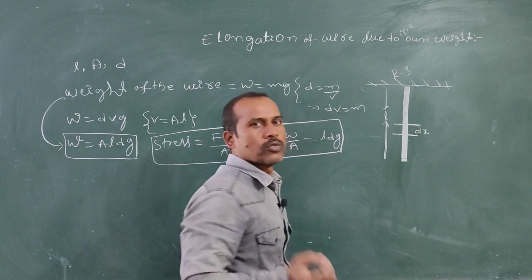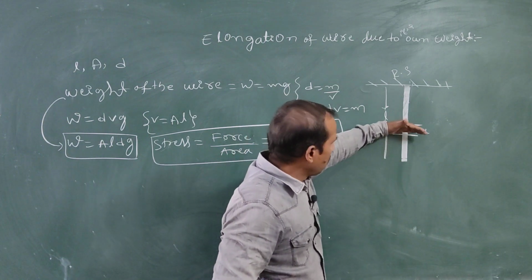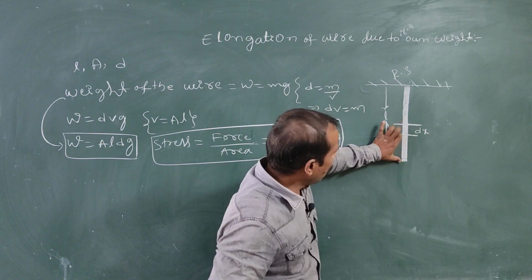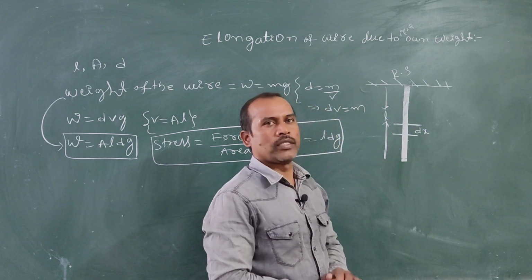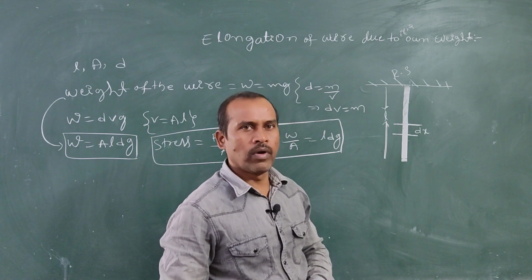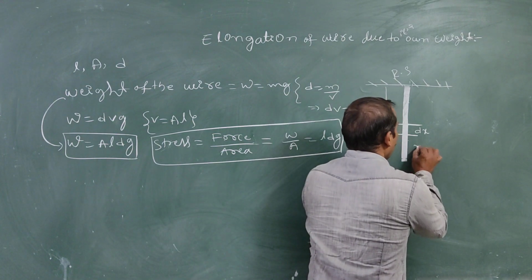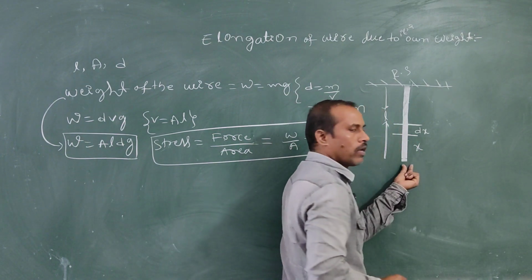The dx element is a small element of thickness of this wire. The distance of this dx element from the free end of the wire is x.